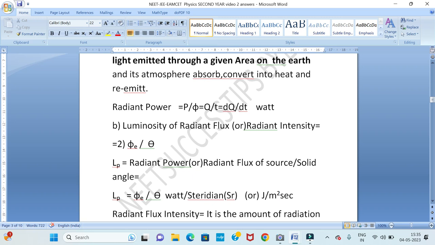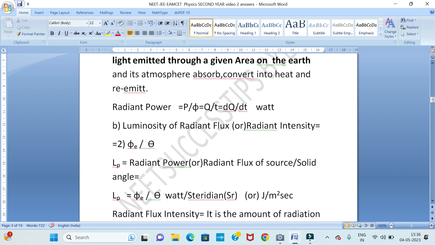Radiant flux by solid angle: the radiant power or radiant flux of the source by solid angle. The denoted letter for luminosity of radiant flux or radiant intensity is L P. So luminosity L, the radiant flux or intensity.